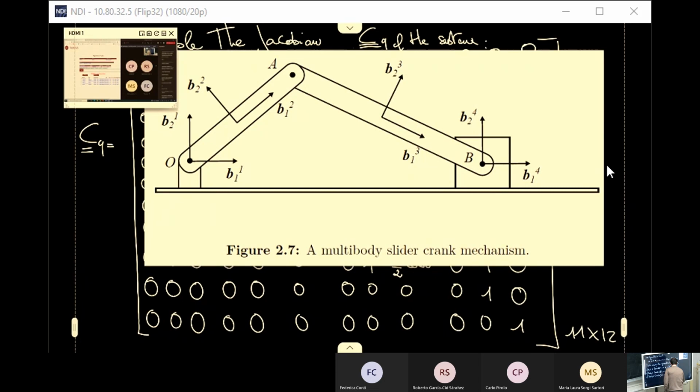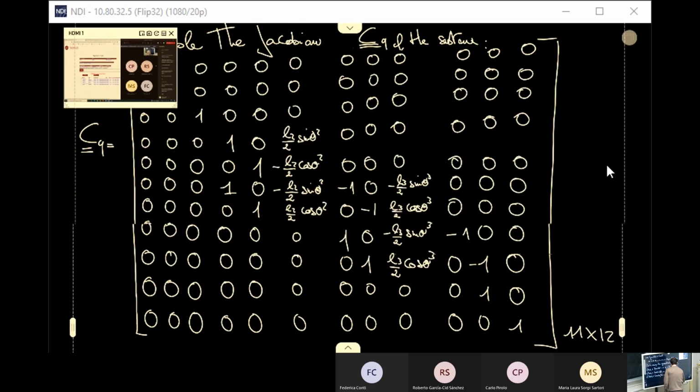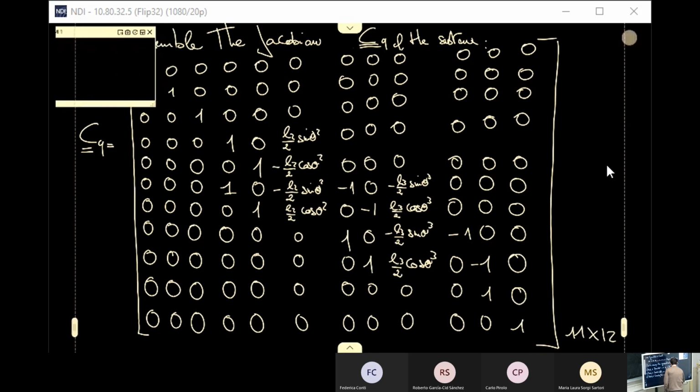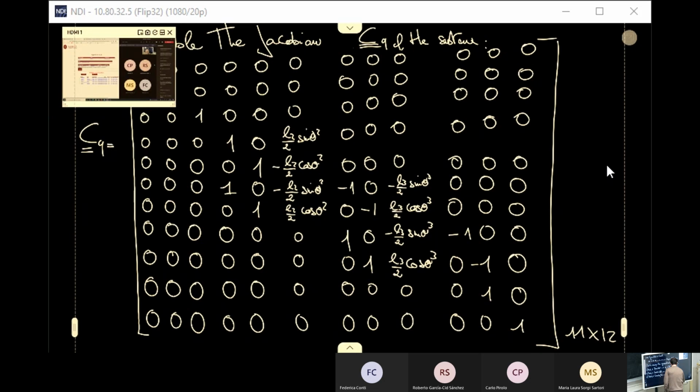Okay? And this has consequences. So if we choose θ2 to be our arbitrary variable, to be our independent coordinate, if you remember, θ2 in the numbering of the coordinates was the sixth. So it means that if we go up to the sixth column, that gives us our CQI.